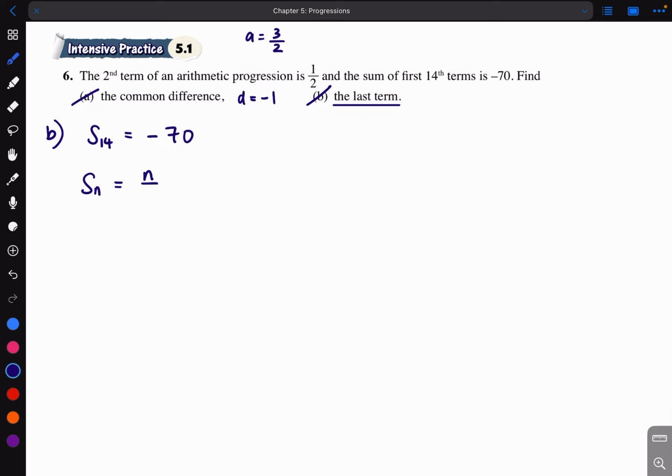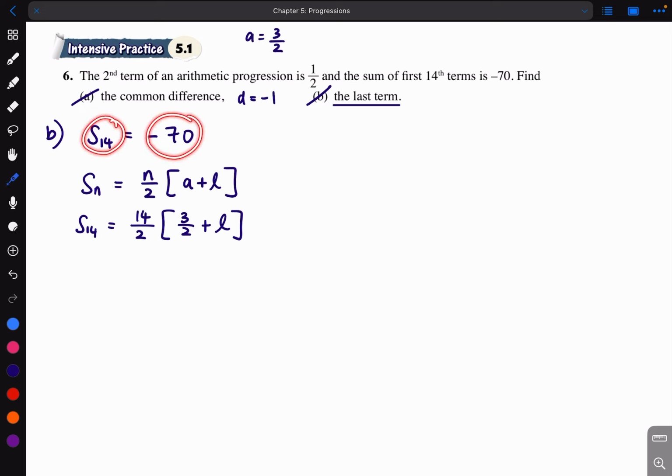Sn is n over 2, a plus l. a is the first term, l is the last term. So S14 is 14 over 2, a plus L. And we know S14 is negative 70. So we sub this with negative 70.